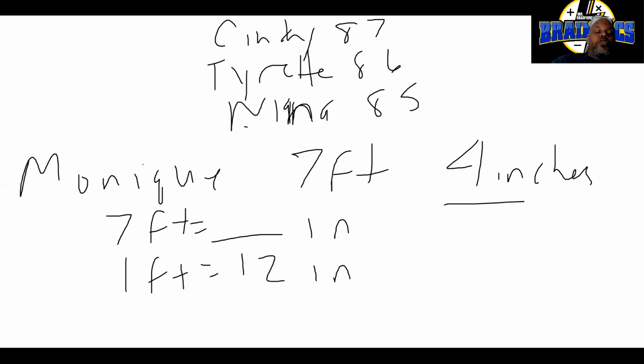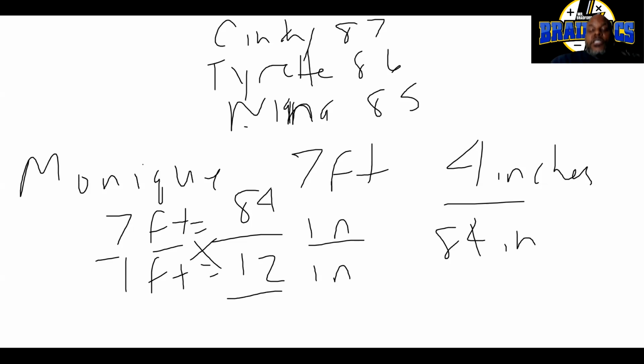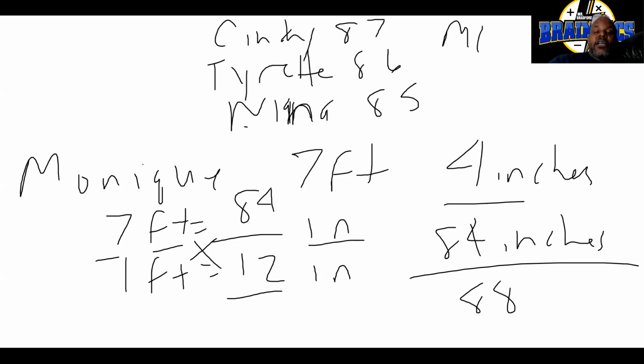And we know that we're moving from larger to smaller, so we're going to multiply. 7 times 12 equals 84. 84 inches plus 4 inches equals 88. So Monique equals 88. Woo, that's good.